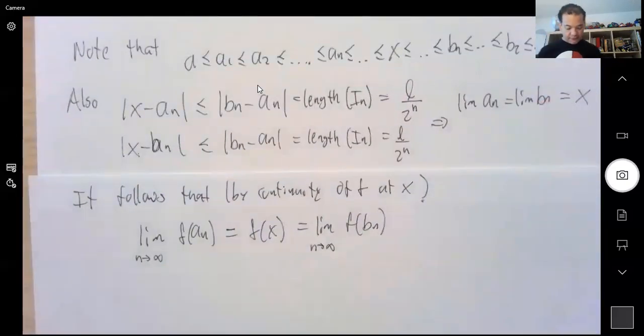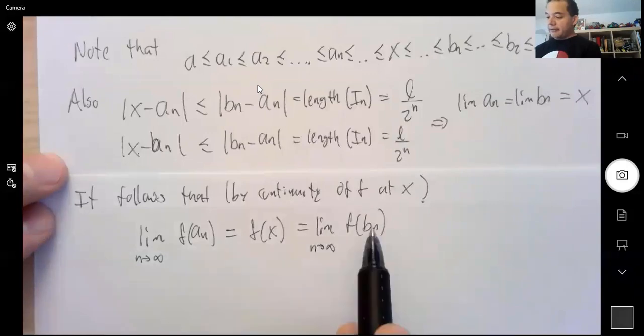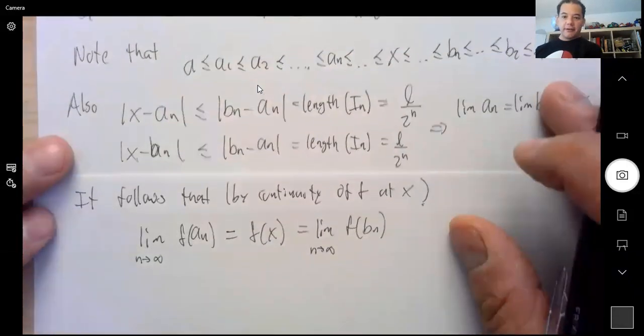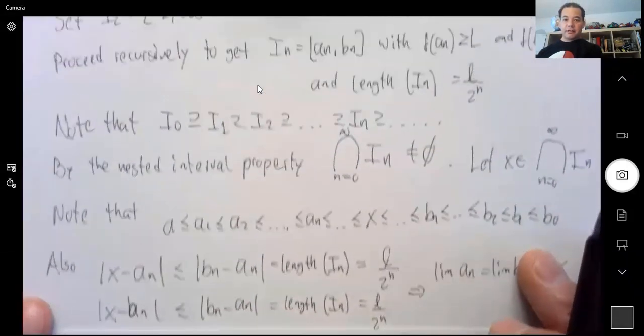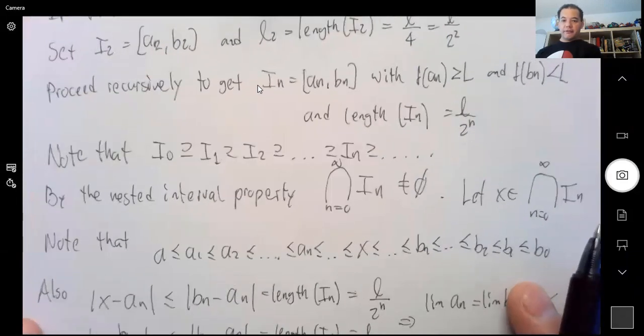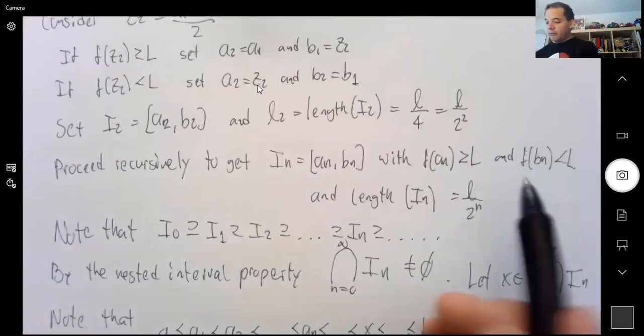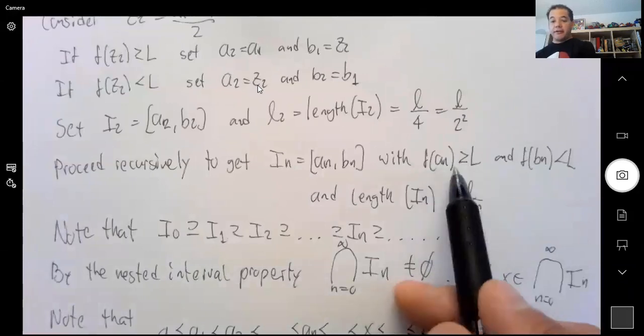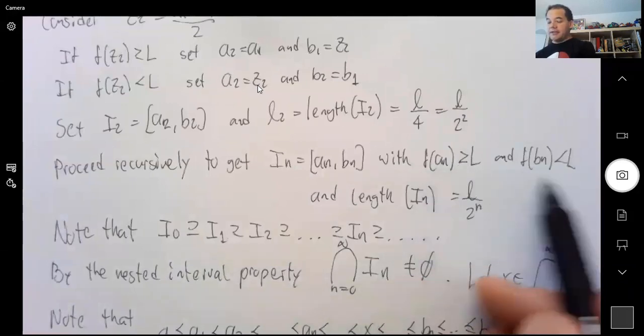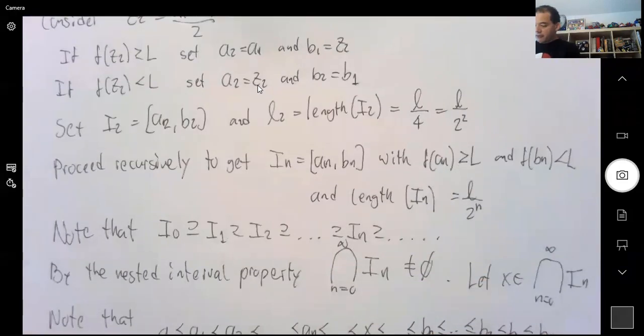So this happens. Now we're also going to use continuity in a different way. Why? Because let's remember what we know about the a_n and the b_n. Let's go back a little bit here, right here at the top. You can see it right here. So we know that f(a_n) is greater than or equal to L, and f(b_n) is less than L, right? I'm going to write it here.